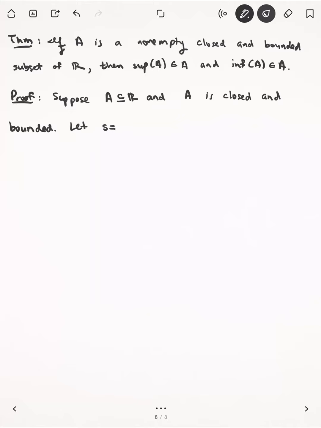Let S equal the supremum of that set, and say S is not an element of A. So we're going to use a proof by contradiction. Then S is in the complement of A. Okay, and because A is closed, its complement must be open. So A complement is open.